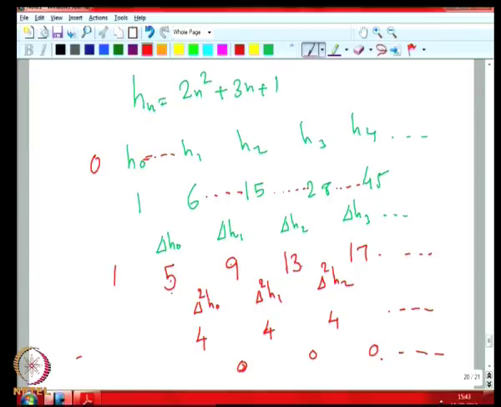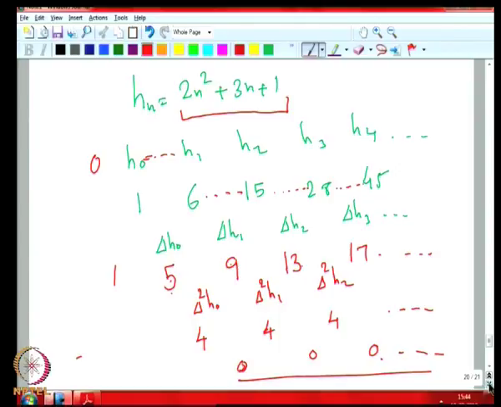Here second order was written, that becomes a constant, right, second order 4 4 4 4 like that, and when the third order was taken, it was already 0, everything was 0. So when we started with a polynomial, if hn was 2n square plus 3n plus 1, a polynomial of degree 2, the third order difference is becoming 0 0.